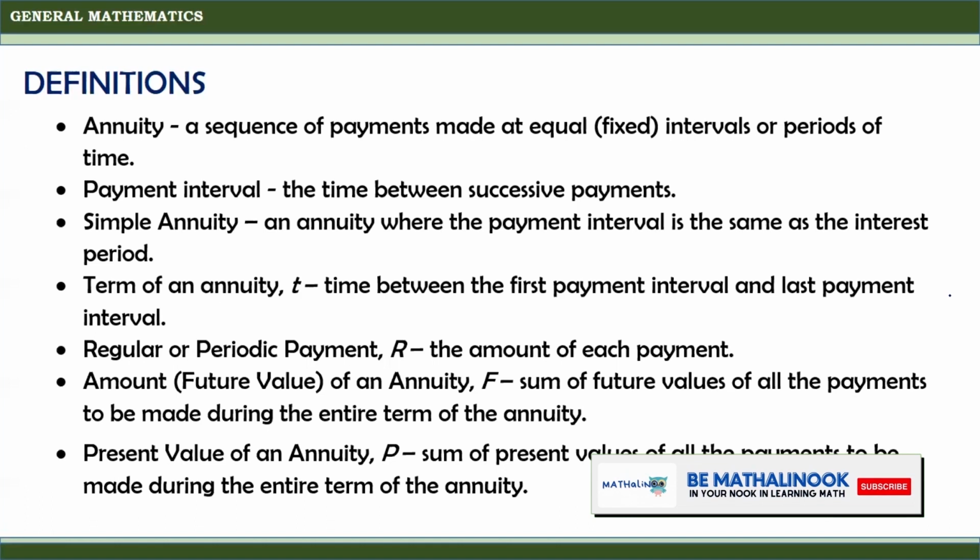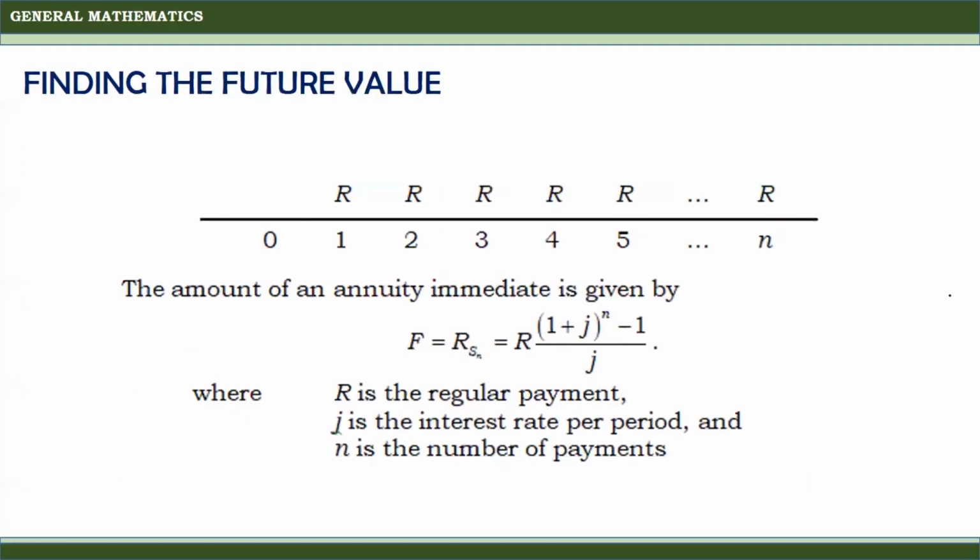Since we have now defined the important terminologies to be used in this discussion, let me now present to you the formula in finding the future value of an annuity.